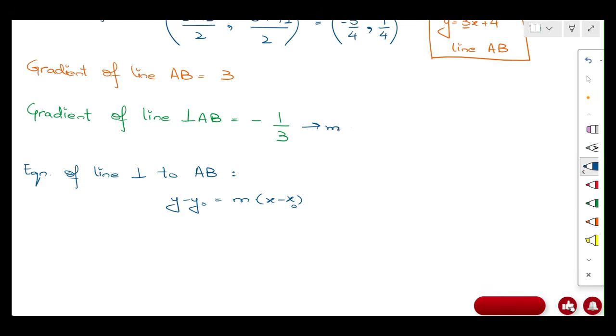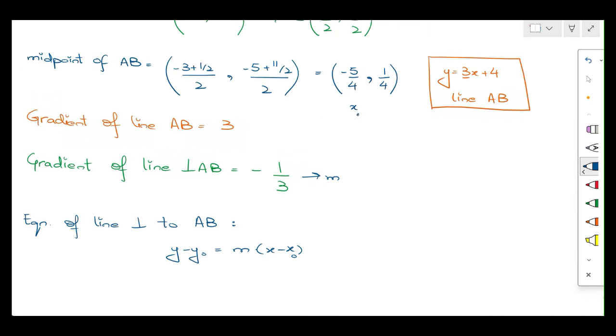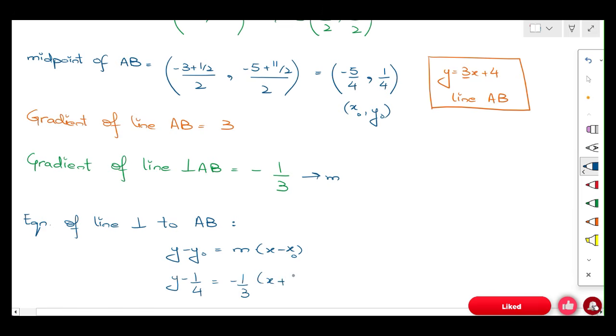This is the m, and x naught and y naught are the midpoint. Now here y minus y naught is y minus 1 by 4, equals m which is minus 1 by 3, into x minus x naught, which is x plus 5 by 4.